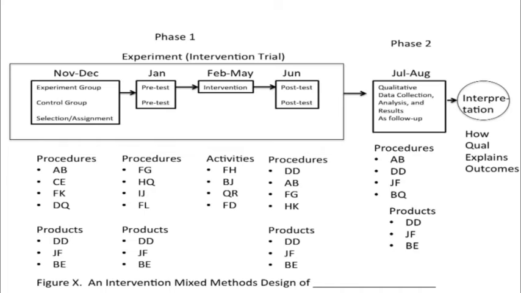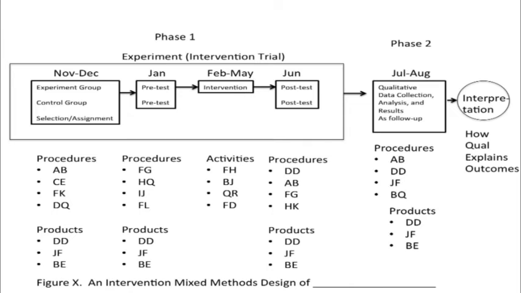Under each box, we can also array the products that we would expect to have. What products would we have from our group assignment? We would have people arrayed in the different groups ready to participate in the experiment. We can put those products into the qualitative follow-up as well.